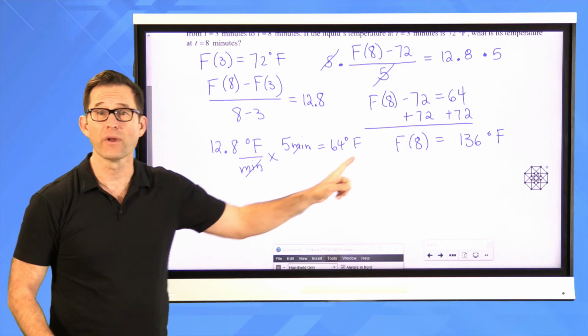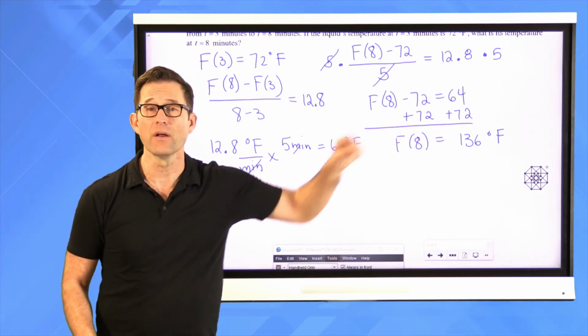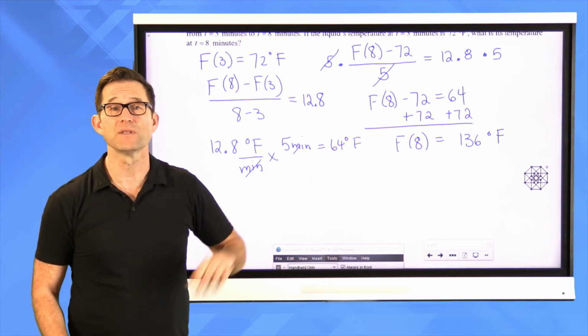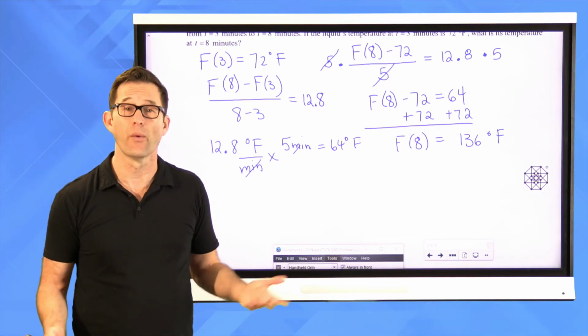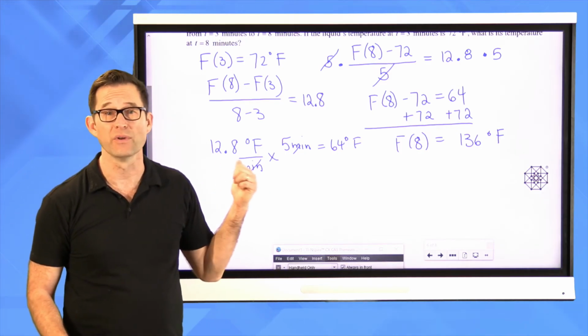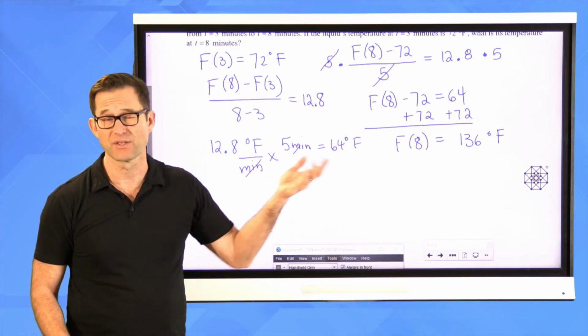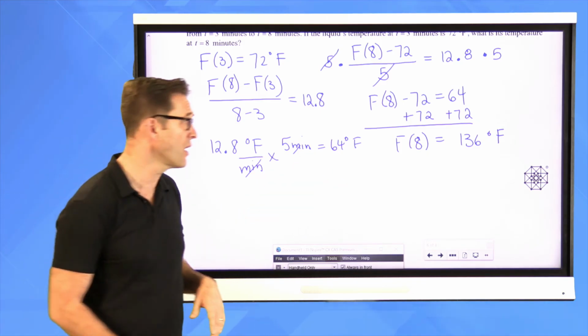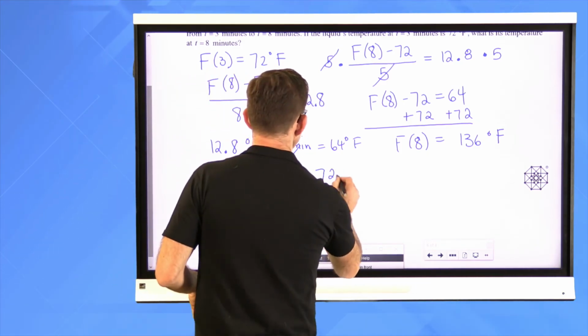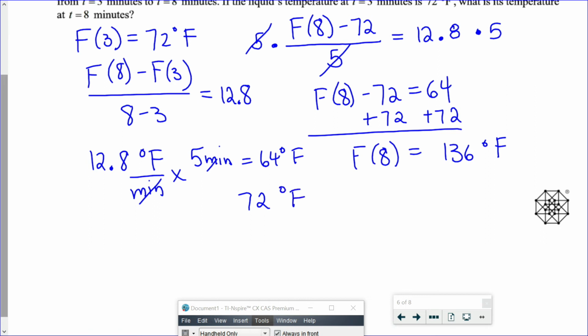That 64 degrees is this thing sitting right up here. That's how much the temperature went up, because the temperature is going up by 12.8 degrees Fahrenheit per minute for 5 minutes. So the temperature went up 64 degrees Fahrenheit, and therefore I'm going to take my starting temperature, 72 degrees Fahrenheit, add on how much it went up over that time, and I could say it's at 136 degrees Fahrenheit.